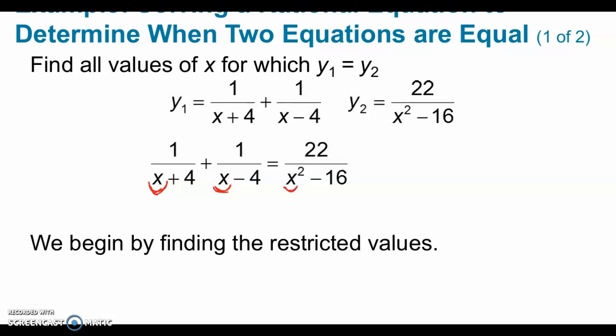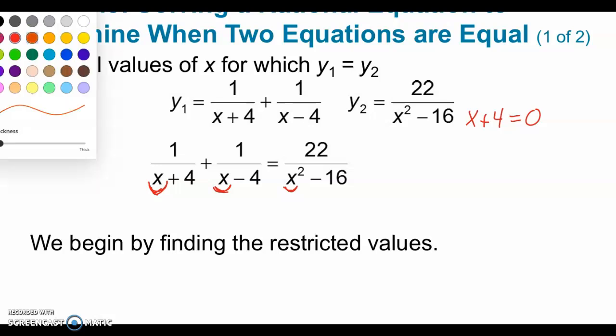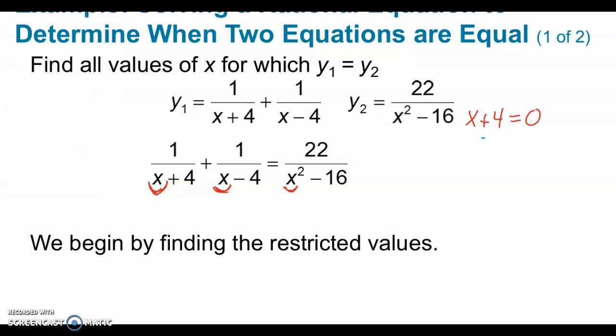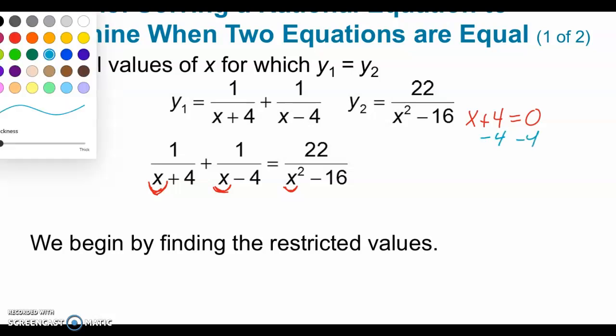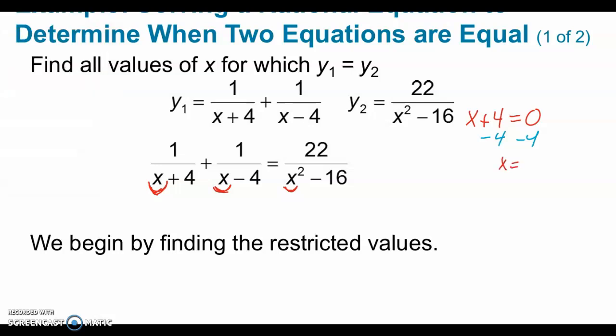So we have to check for the restricted values. x plus 4 is equal to 0. Subtract 4 from both sides, and we get x is equal to -4. So that means x cannot be -4. So here's our restrictions.